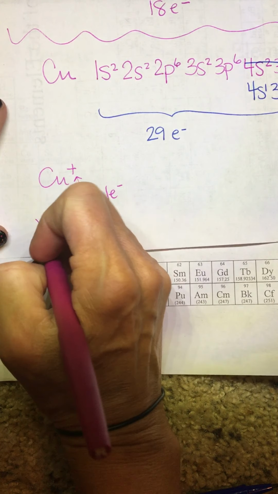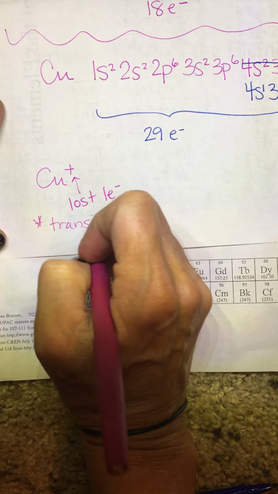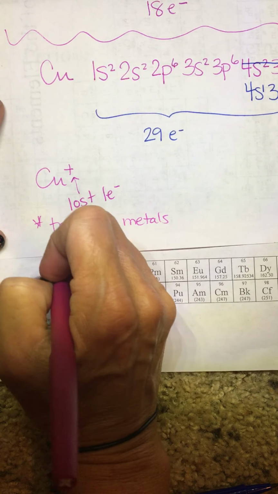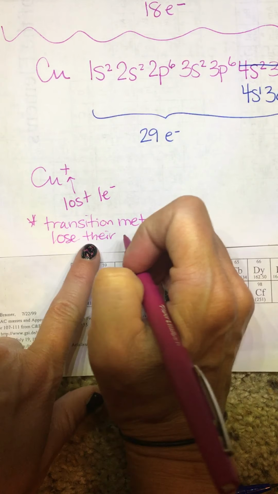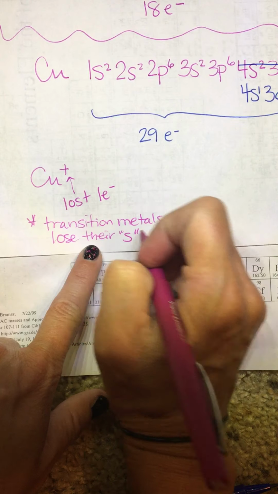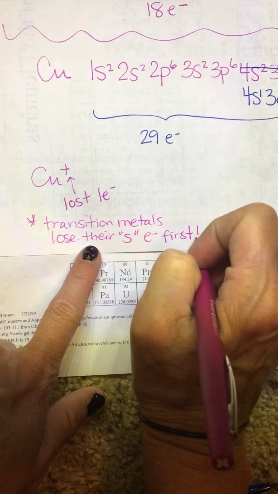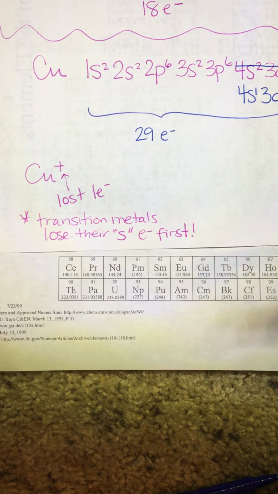So something important to point out is that transition metals lose their s electrons first. Now, which s electrons are we looking at?